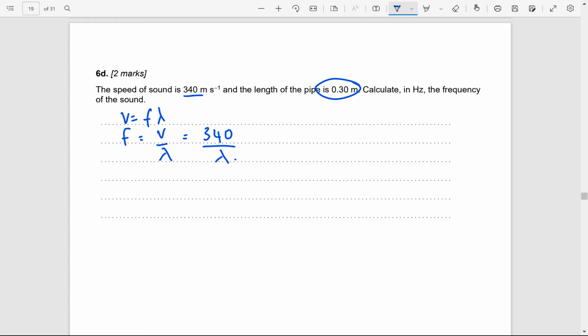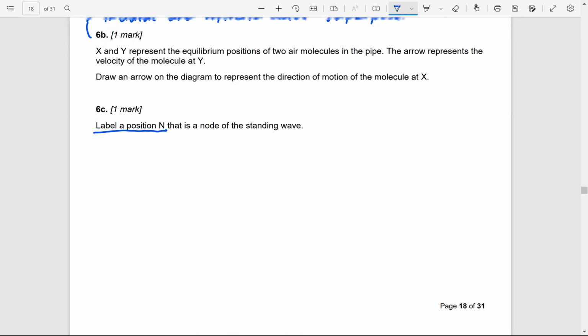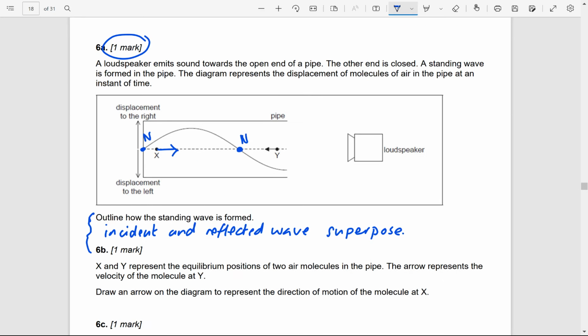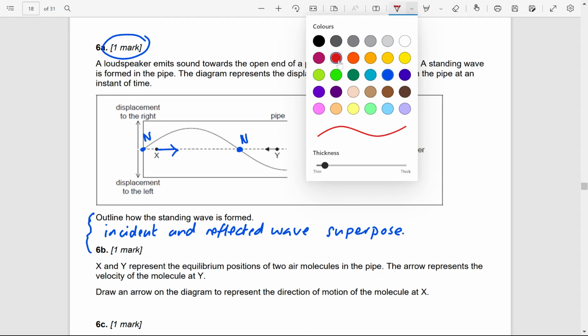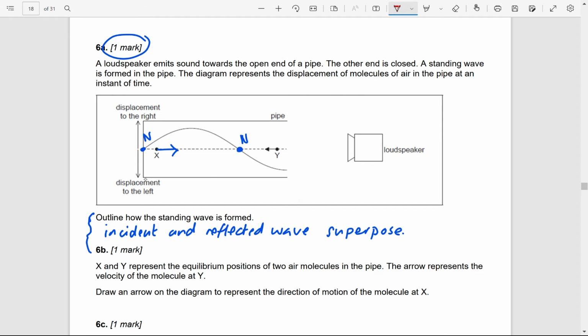I don't know the wavelength, I need to find it. So I'm just going to scroll upwards, and I'm going to label the length of the pipe as 0.3.